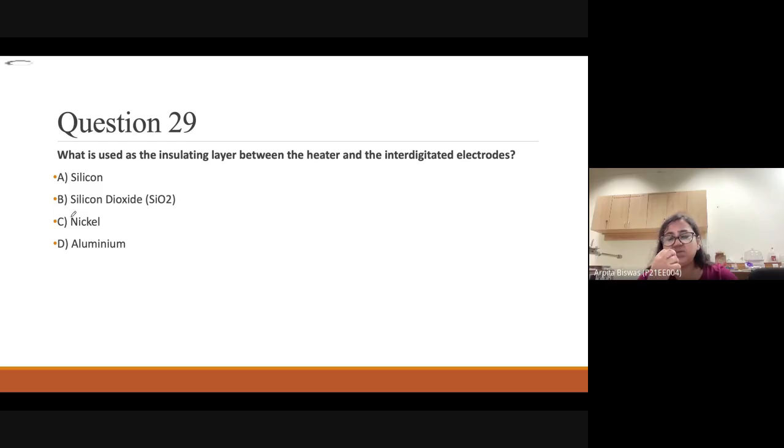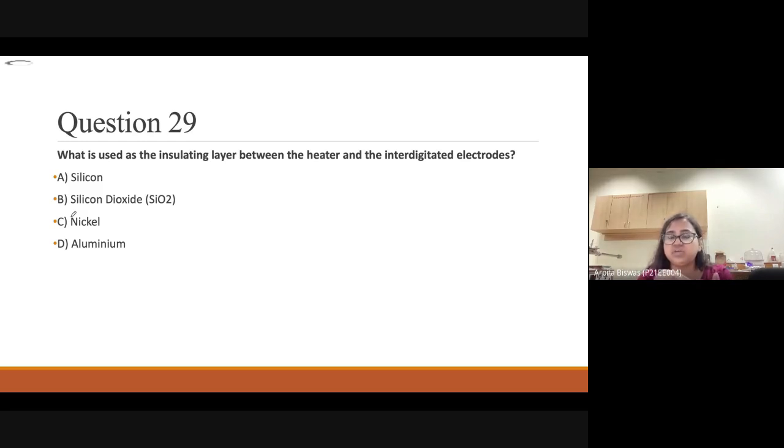Yes. There is a sensing layer, like you have already discussed, such as ZnO, and on the active layer there is an electrode. What is the purpose of this interdigitated electrode? To measure the electrical property of the sensing layer when it comes in contact with VOC or some gases. If the heater is also metal and the interdigitated electrode is also metal, there can be shorting.